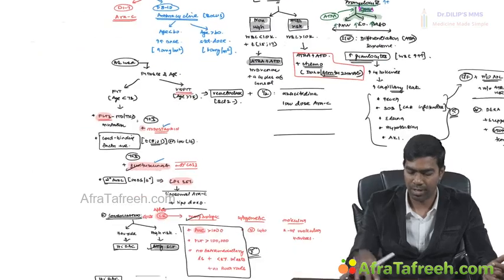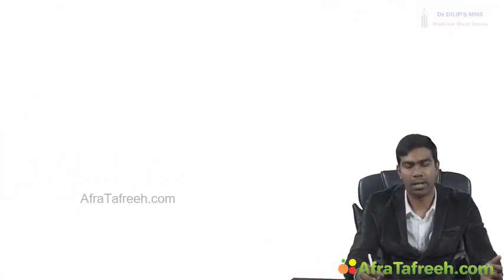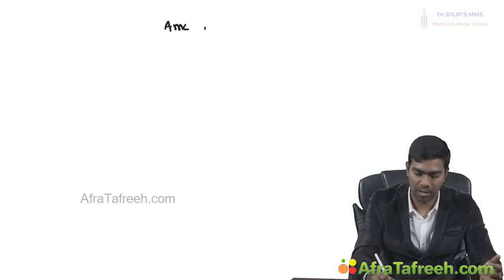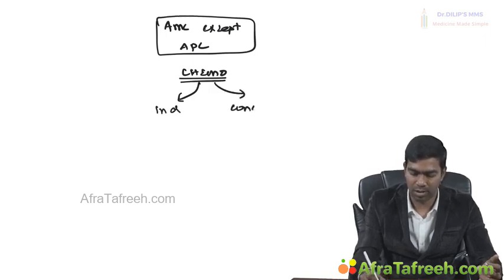Clear? So finally, let us put the treatment in a nutshell. As simple as that. If you have AML except APL, acute promyelocytic leukemia, you are going to use the standard chemo induction regimen and consolidation regimen.